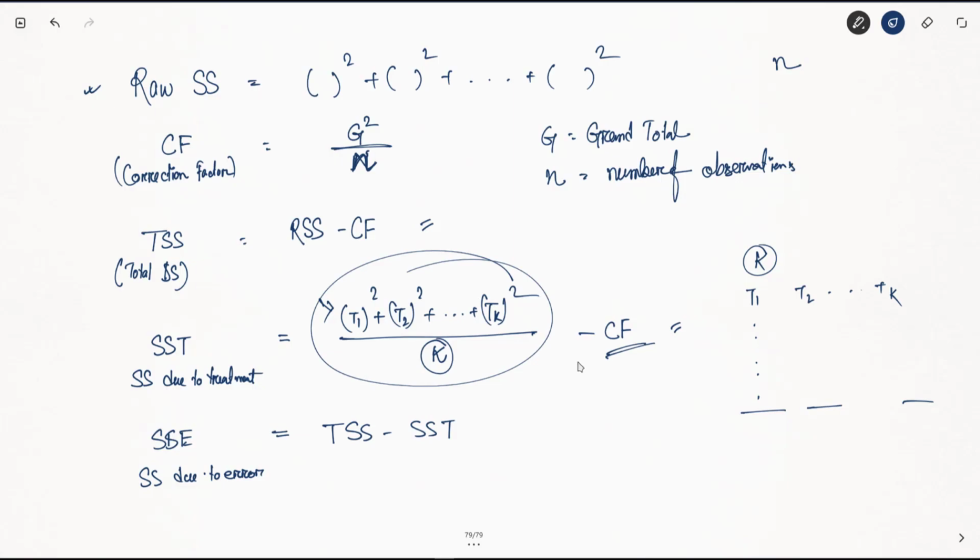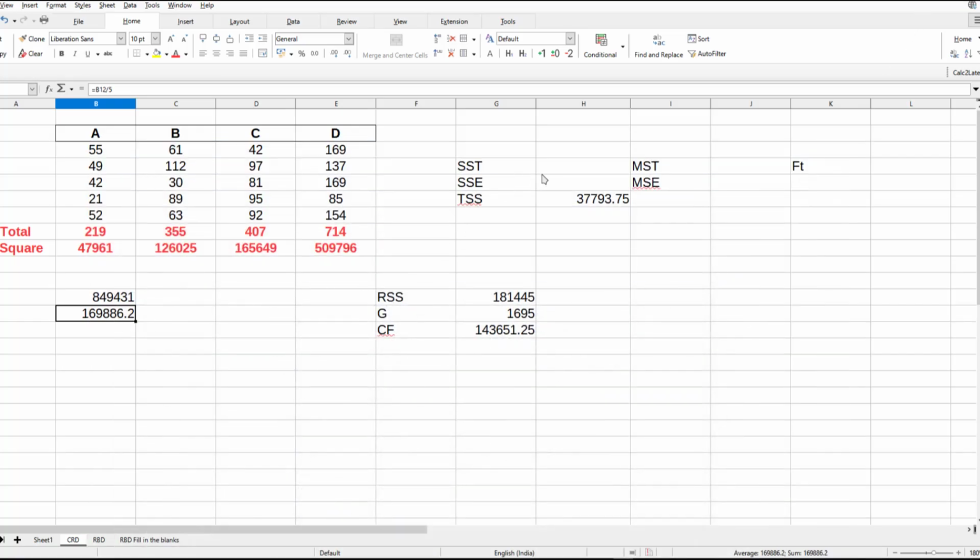The next thing left is to subtract the CF, right? So we will directly write it here. This is equal to this minus CF. The value of SST is 26234.95, right? So how to get SSE?